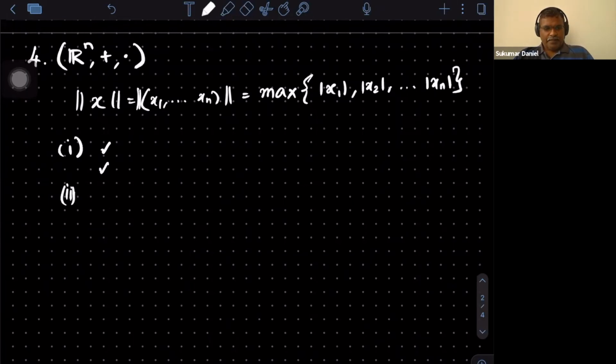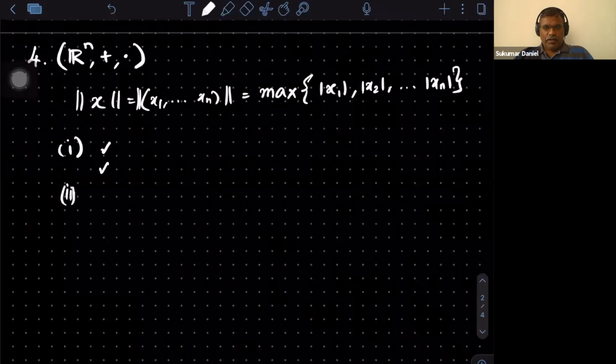Homogeneity is clear. Good. So what is the property that we are using? In the previous case, it was mod alpha everywhere, and you take mod alpha out, and then the remaining part, if I put it together again, you get the norm of x.